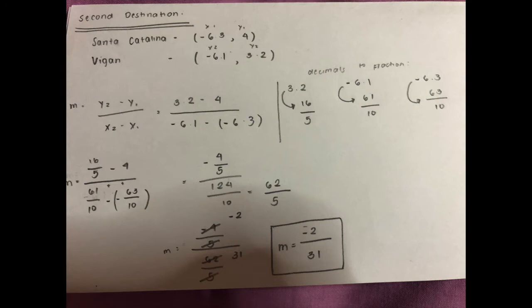We have to change it into its opposite sign since it's the rule in subtracting integers. Then we're left with -4 over 5 over 2 over 10. Now we can simplify 124 over 10. Divide them both by 2, which will give us 62 over 5. Again, we're left with negative 4 over 5 over 62 over 5. Simplifying it, we have negative 2 over 31, and that's our slope.